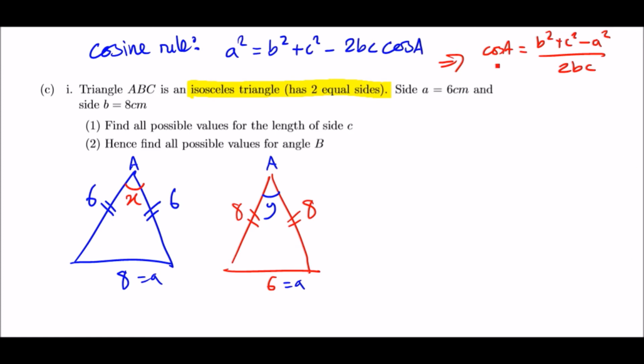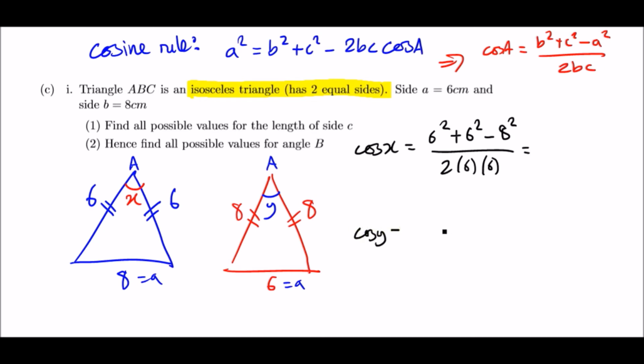So now all we do is smash the values in. First triangle, the good thing is I called them X and Y. For the one that has cos X, the first one, we have b squared plus c squared, so this would be b and c. So this means 6 squared plus 6 squared minus 8 squared over 2 times 6 times 6 would equal something, whereas cos Y would be the other one.